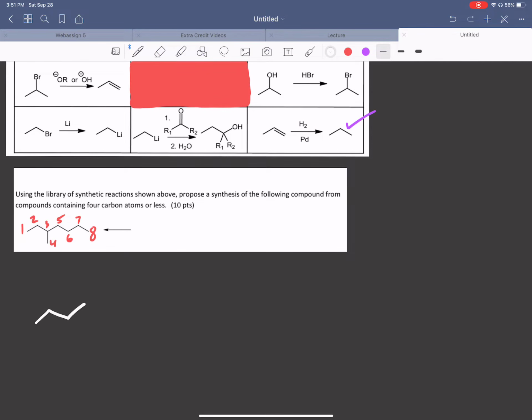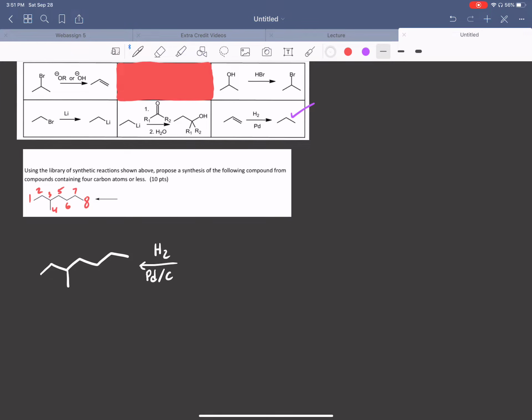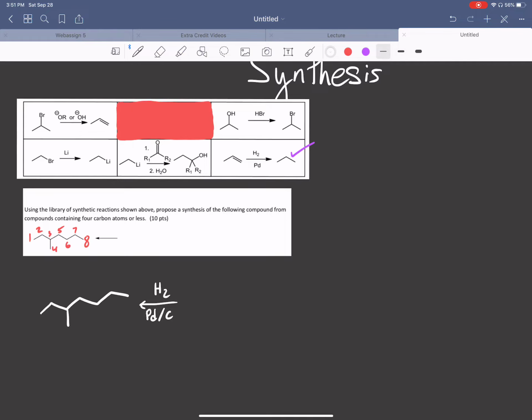So that's just going to be H2, Pd/C, okay? And so now the question is, where exactly am I going to put the double bond? All right, so you can put it in a bunch of different spots, essentially really anywhere, but you want to think about it in the way that can make this as easy as possible for you, okay?